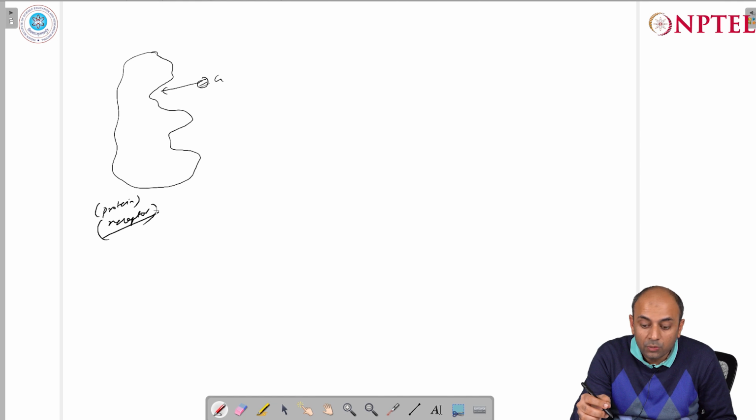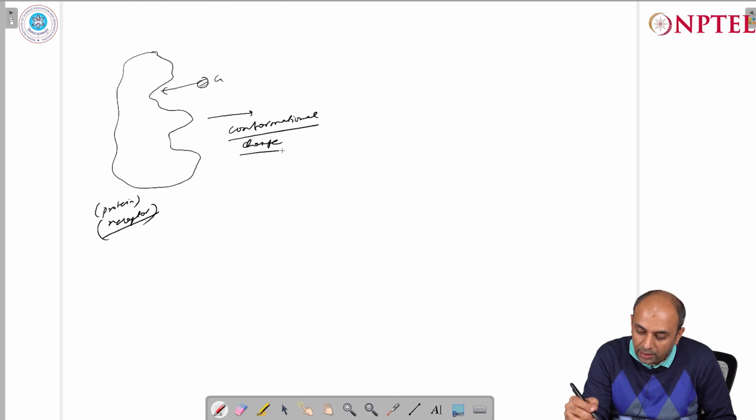Now, the moment the guest comes and binds with this particular protein, there is a conformational change. There is a conformational change in the protein such that the changes in conformation can now accommodate say another guest, say G2, which can go and fit into this particular site.